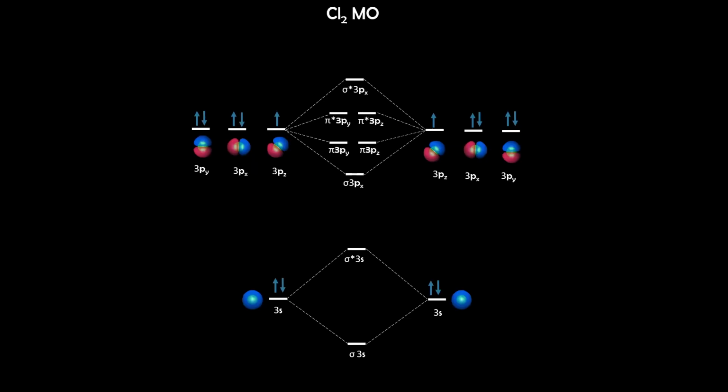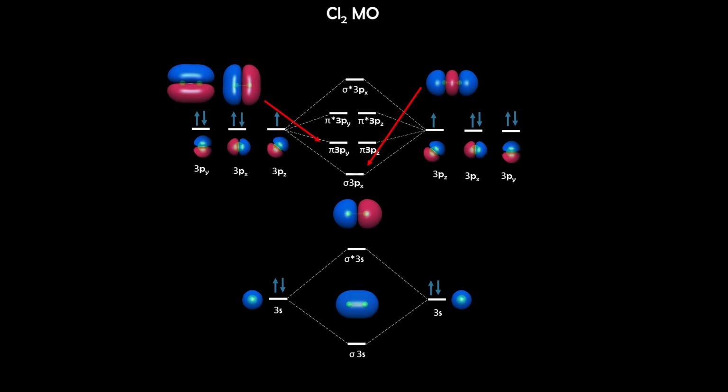Step 5. Build the molecular orbital diagram. The 3s orbitals form sigma 3s bonding and sigma 3s antibonding orbitals. The 3p orbitals form sigma bonding, pi bonding, pi antibonding, and sigma antibonding orbitals.